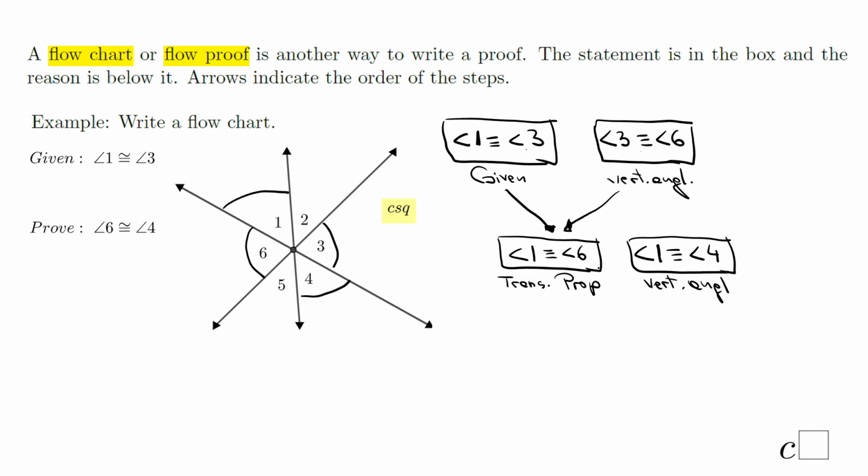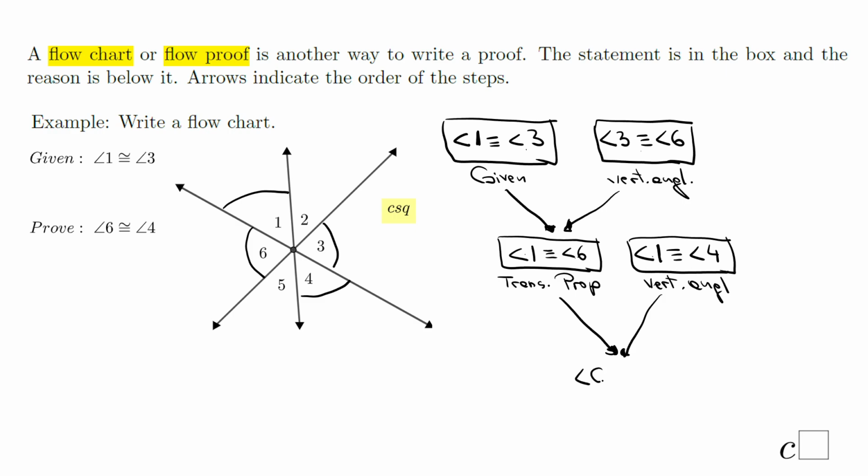Again, no connection between these two statements. Don't draw any arrows. However, now we can take a look, and these two statements together give us the last thing, right? You notice angle 1, obviously 6 and 4 need to be congruent.